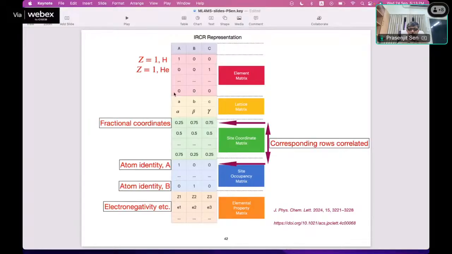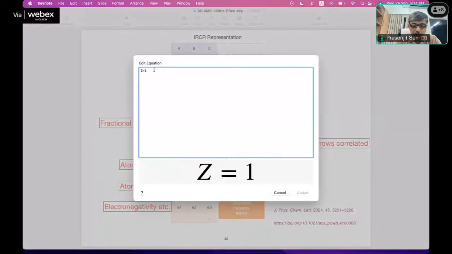So the first block is called element matrix, and the number of rows here is the maximum value of Z, the atomic number present in your training data set. The first row corresponds to hydrogen, second one to helium, that is Z equal to 2 for helium, and so on.